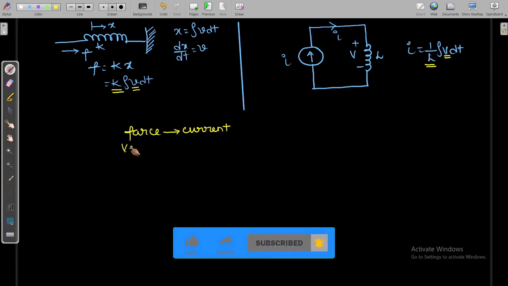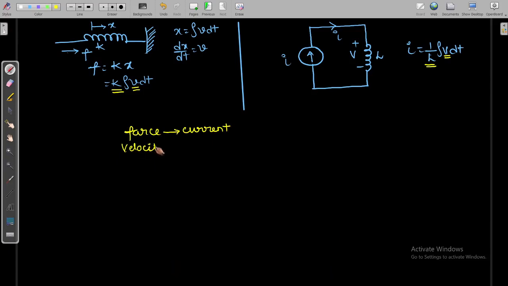Next, velocity, the output, can be replaced with the voltage you are getting. These two terms, the input and output, we have already taken, so no problem here. Next, displacement. Displacement can be taken as flux phi.